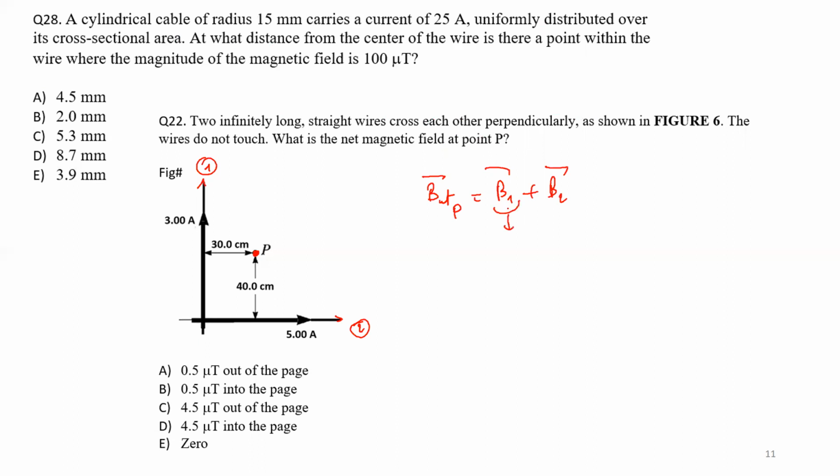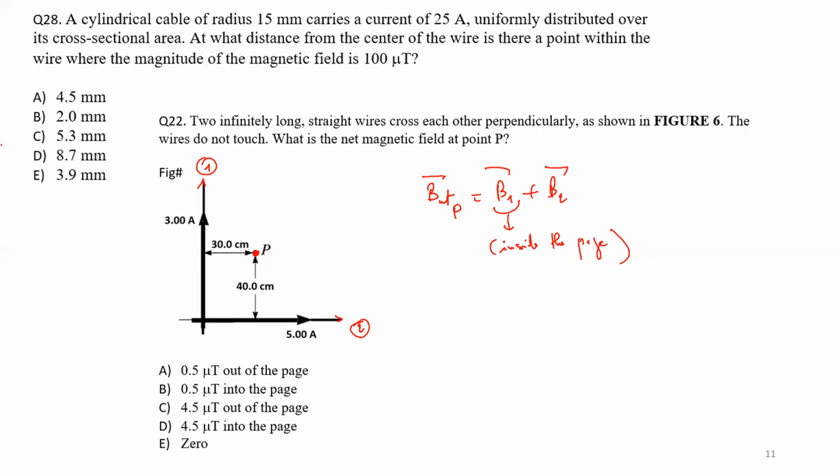What's the direction of B1? Right hand rule, my thumb along the direction of the current, and my fingers will be pointing inward. So B1 is directed inside the page.